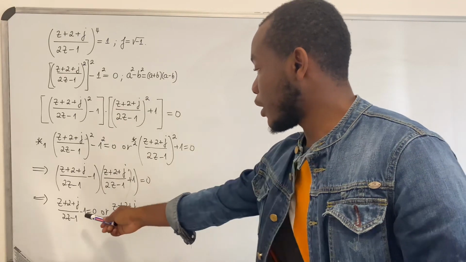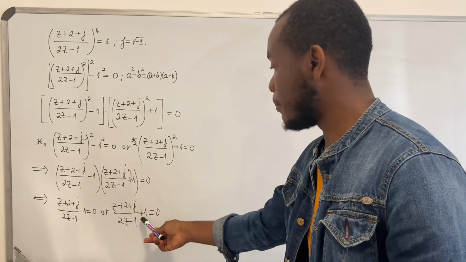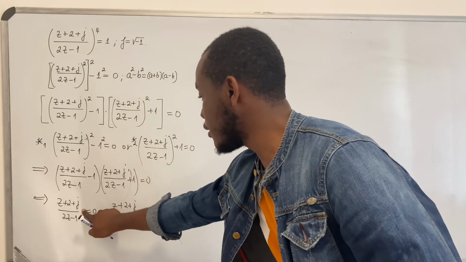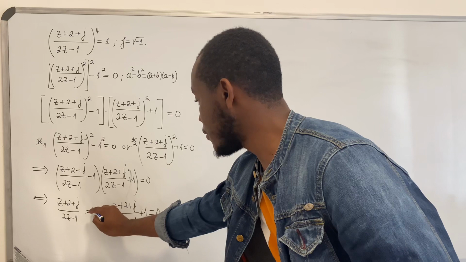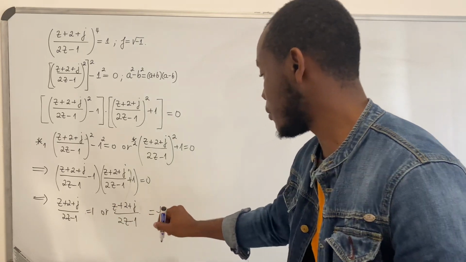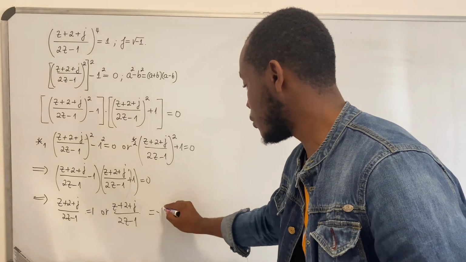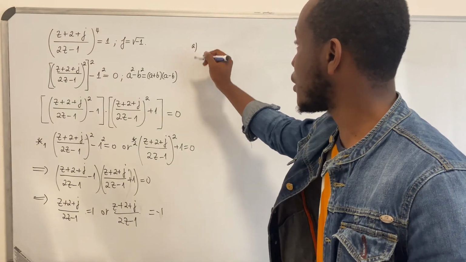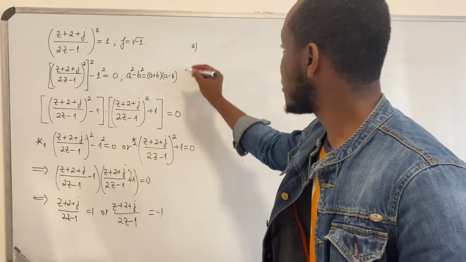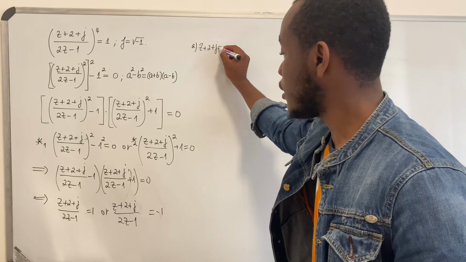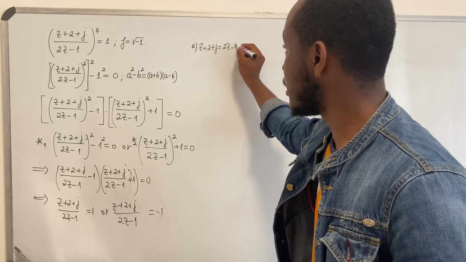So we check that we have negative 1 here and we have plus 1. We can send this 1 to this side. So here is negative, it will come here positive, and here is positive, it will come to this side as negative 1. So it's not a problem to do that. Now let's cross multiply the first equation, which I'm going to call equation A. Cross multiplying, I'm going to have z + 2 + j equal to 2z - 1.